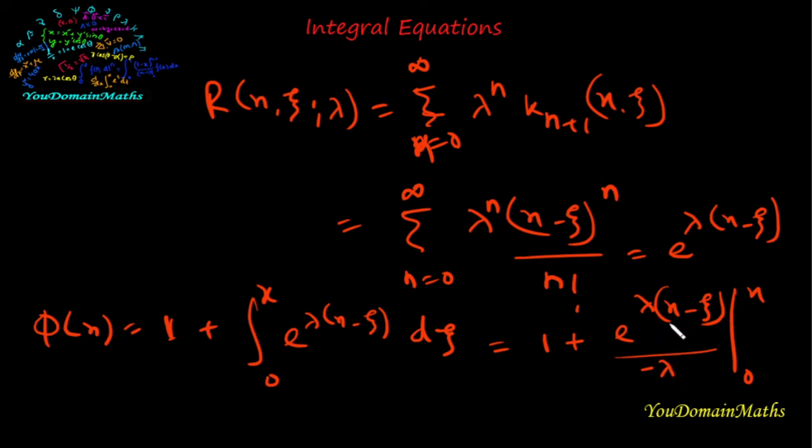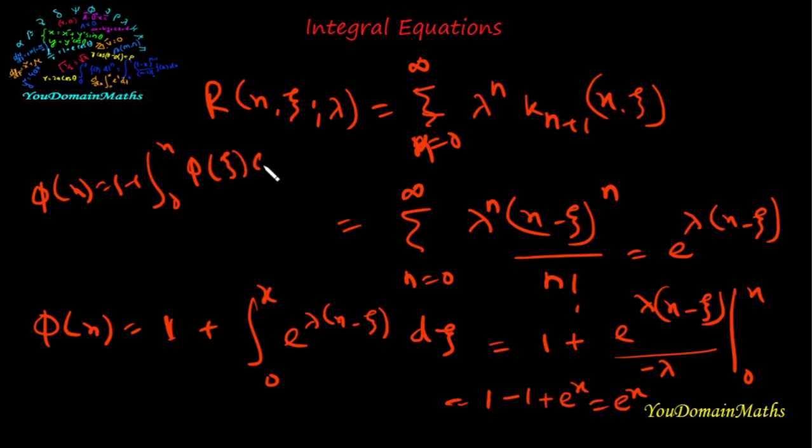Putting in these values, the upper limit x gives 1, the lower limit 0 gives e to the power x, plus x. So e to the power x is the solution of the integral equation.